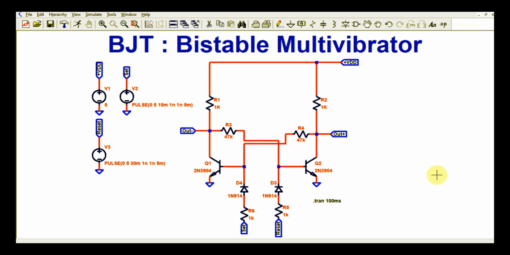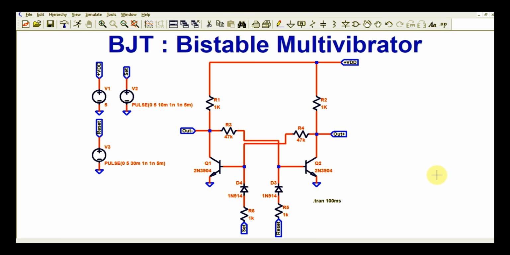As you know, the bistable multivibrator has two stable states. That is why it is called bistable. In a monostable multivibrator, it has one stable state, and in an astable multivibrator, it has no stable state, right?